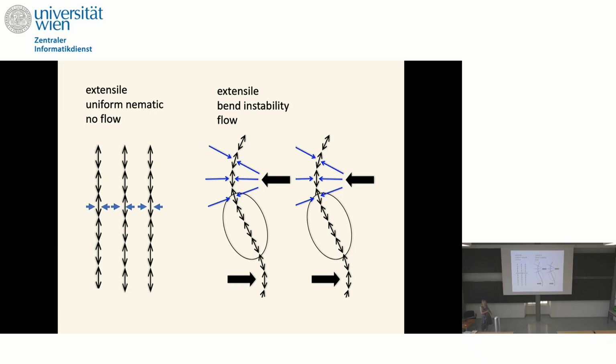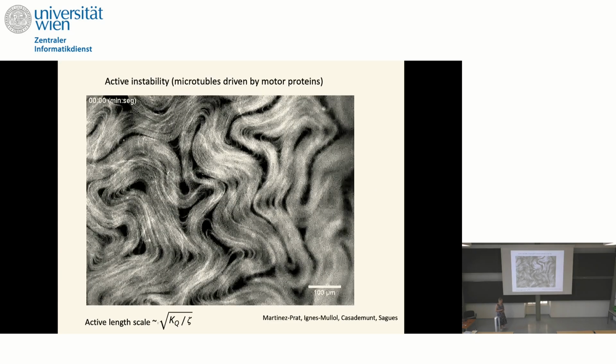And what's going to happen then is that this bend instability is just going to grow and grow. You're going to lose your nematic order, but then you have to say, what do I get instead? Linear stability analysis is not going to tell you what you get instead. So what you have to do is to actually solve the equations.